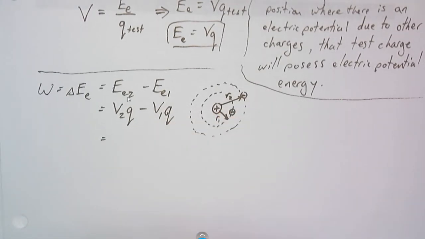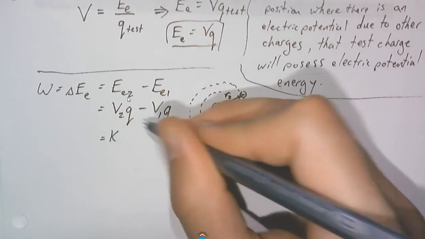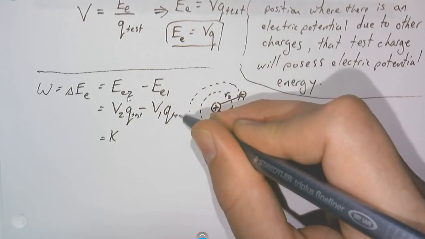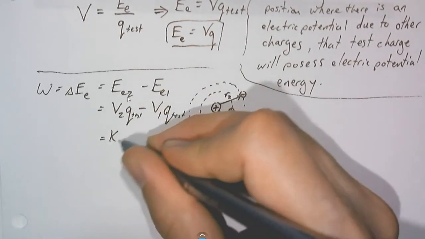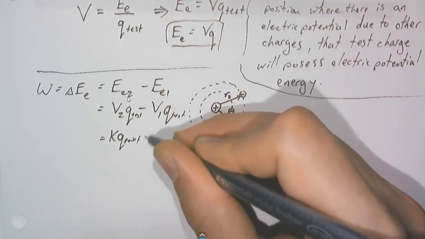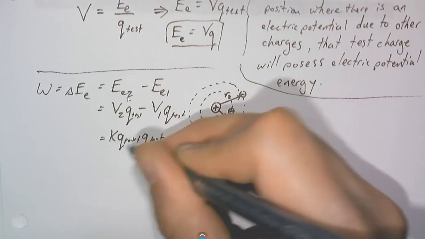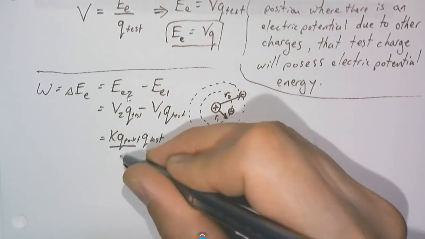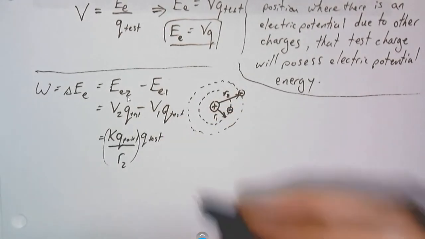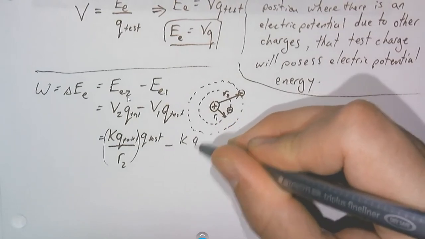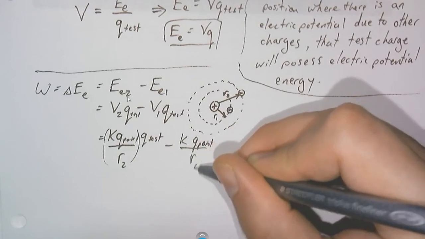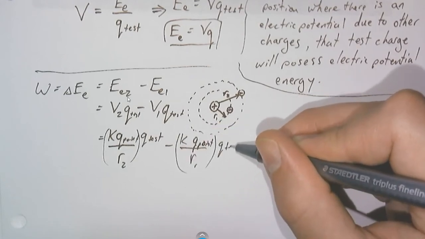Remember, electric potential could be written as K, maybe I really should call this Q test. K times Q point times Q test over R2, see that's the first V2 point value, times Q test, minus K times Q point over R1 times Q test.